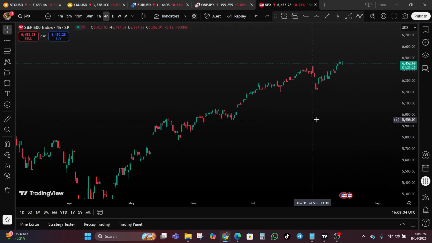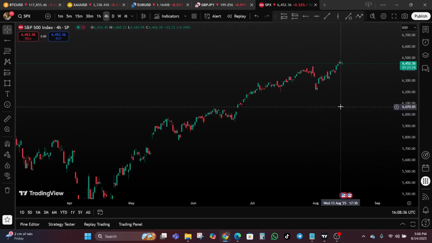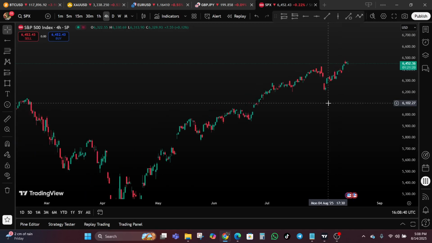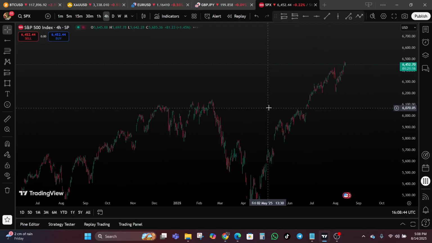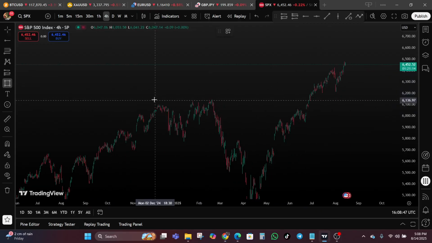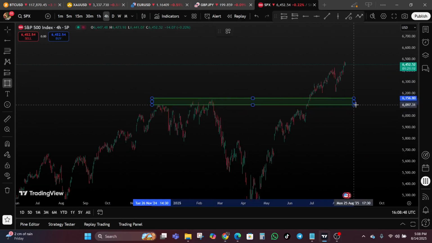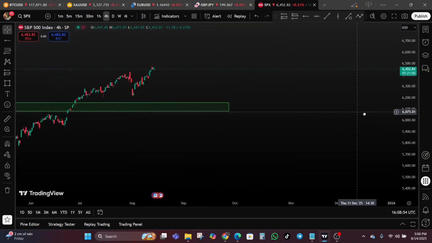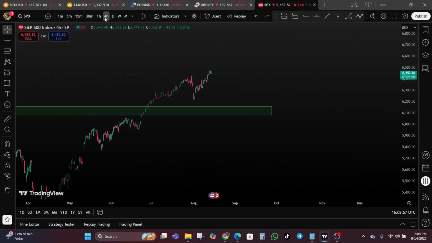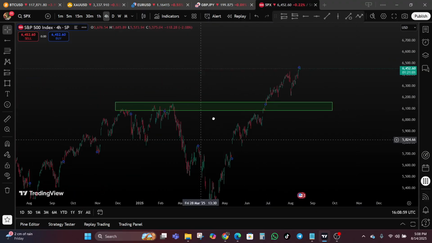The first step in our SPX 500 strategy is identifying key support and resistance zones. These zones are super important. You need to identify your key support and resistance zones and highlight them on your chart.